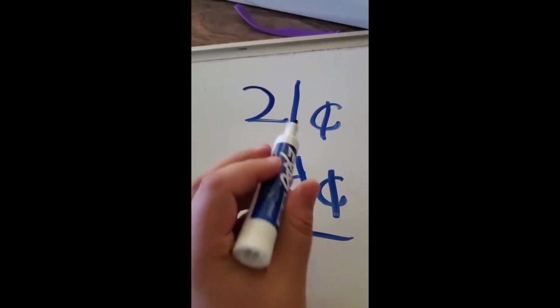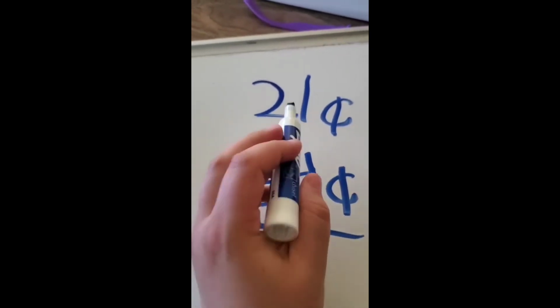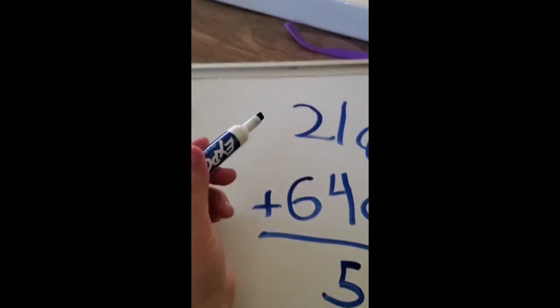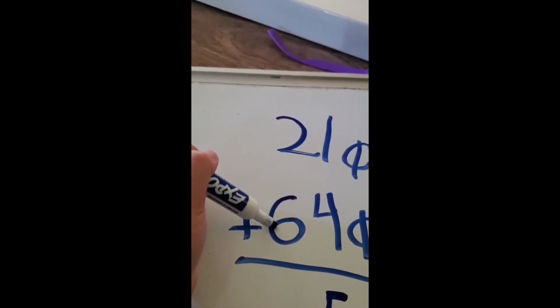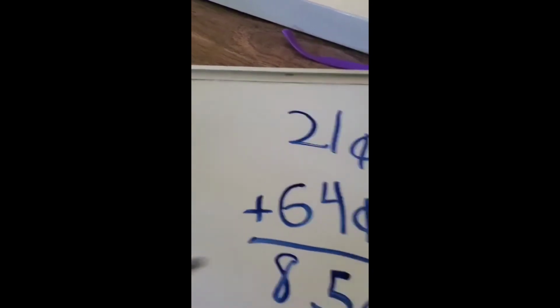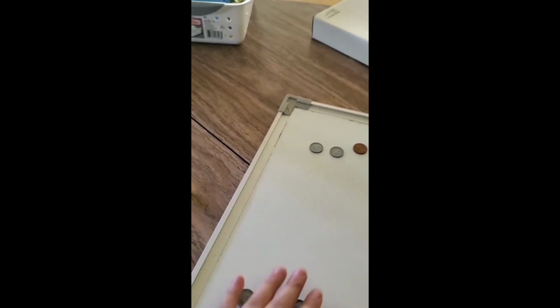Okay. Now, let's add this up. 4 plus 1, because those are the pennies and those are in the 1 section. That's 5. And now we're going on to the dimes part, which is in the tens place. 6 plus 2 is 8. 85 cents. Okay. Let's add them together here.